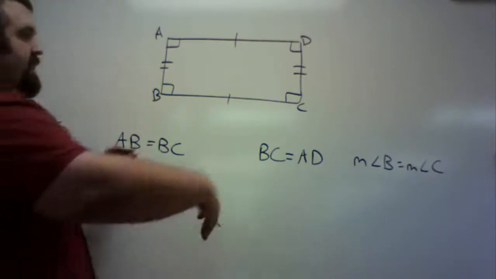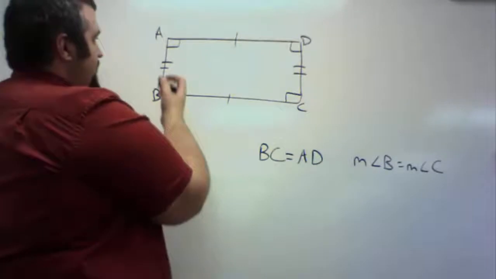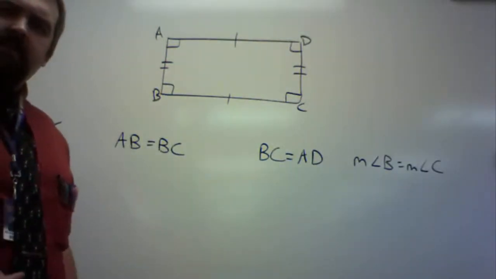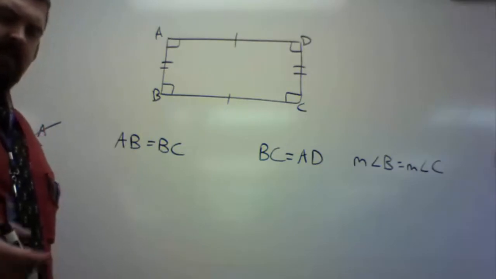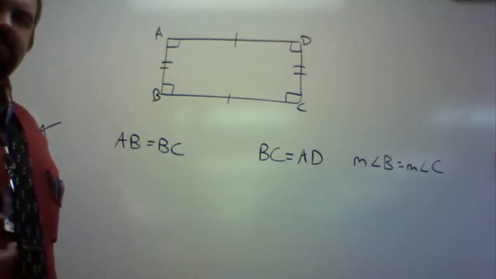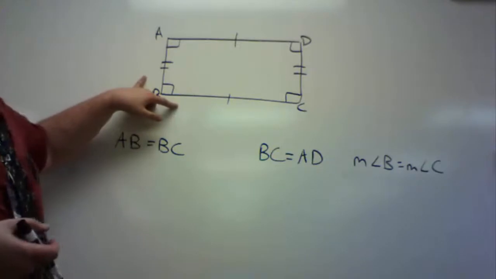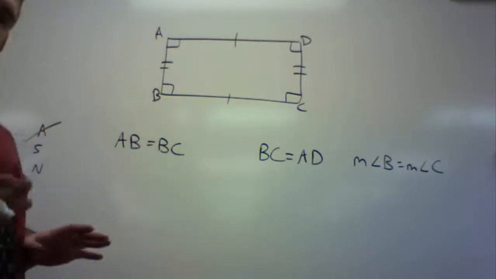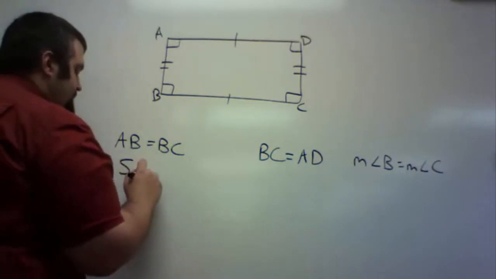Could I shorten segment BC here to be the same length as segment AB and it still be a rectangle? Yeah, because the only thing a rectangle has to have is four right angles. These two sides could be the same length. However, they don't have to be. They could, but they don't have to be. So I'm going to put sometimes.